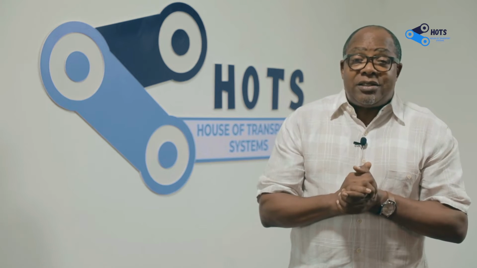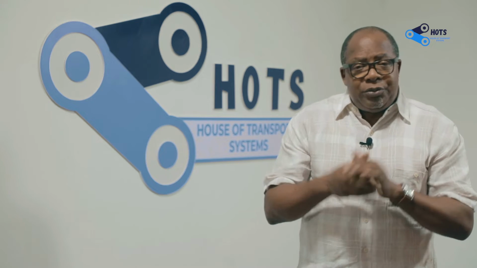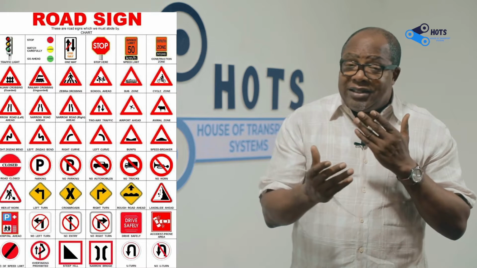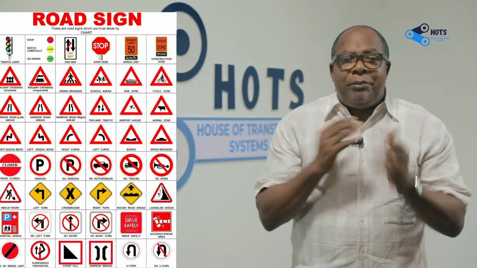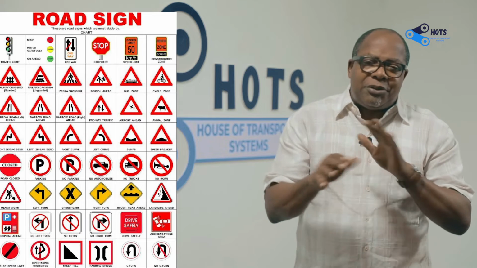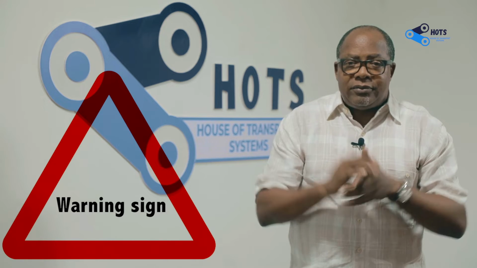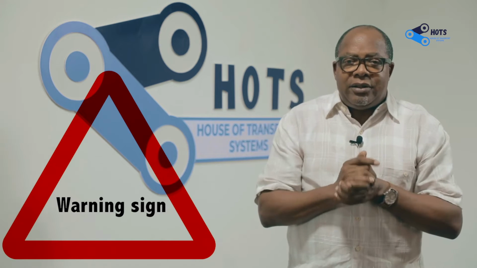Some may even ask, what are these signs? What do they look like? If you're a motorist, you should be used to seeing some signs, at least in Lagos. There are so many signs in Lagos, but we'll try and break down the types of signs that are mostly common. So the first one is a triangular sign.